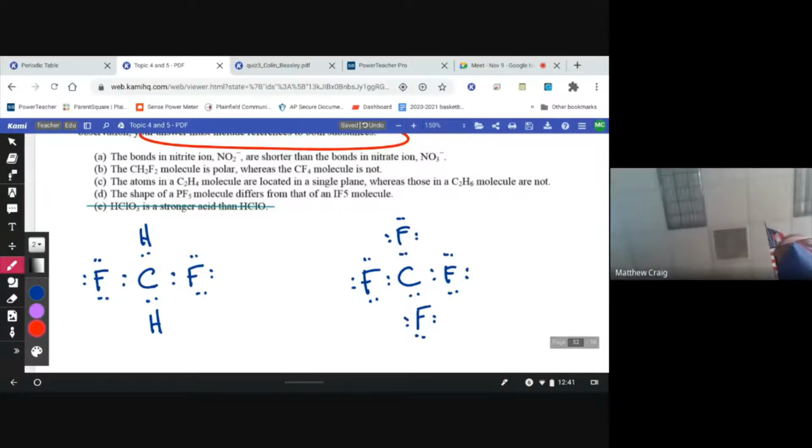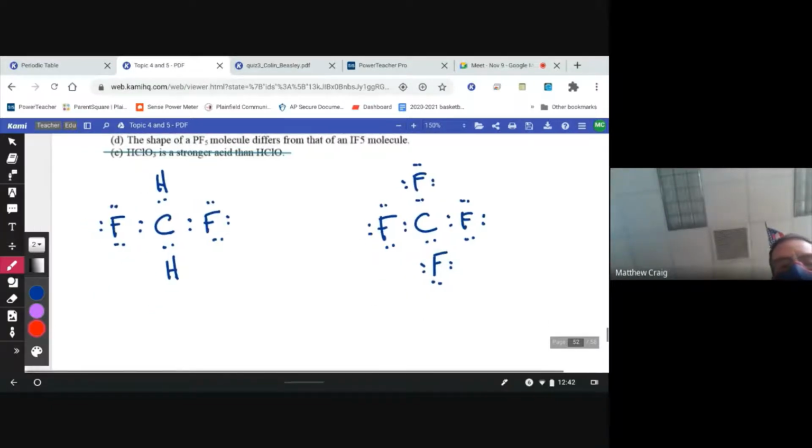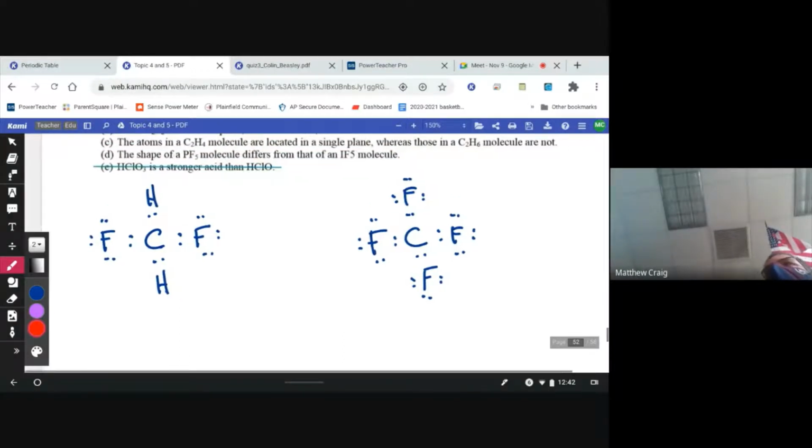Remember, you have to include whether it is symmetrical or asymmetrical, and then give what you just said. So is it symmetrical or asymmetrical? Asymmetrical because we have different external atoms. Nice.